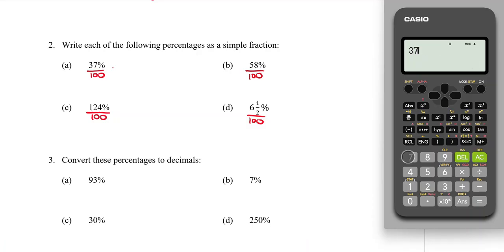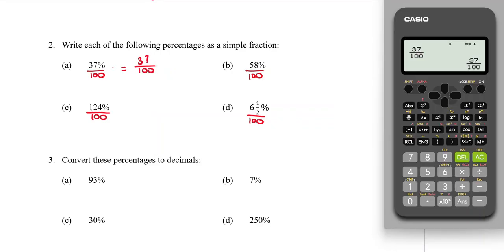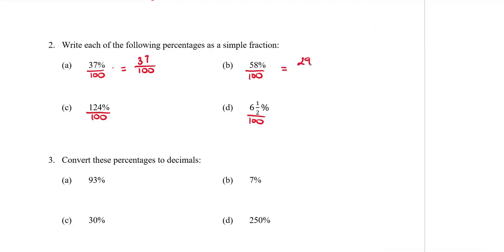Okay, so all of those, we're going to divide them by 100. In the calculator, 37/100 doesn't simplify, so the answer is just 37/100. For B, we have 58/100. This time it simplifies down to be 29/50.